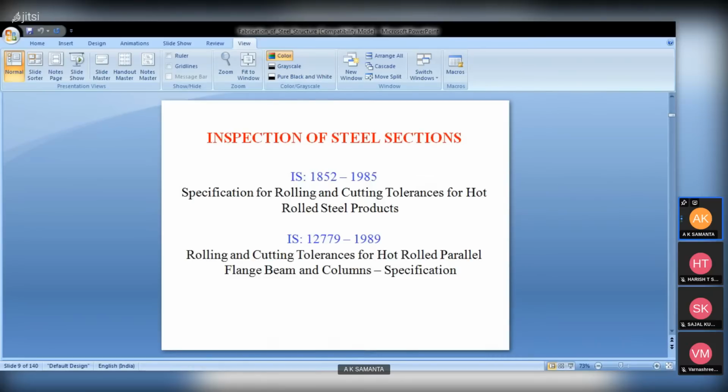But the tolerances of steel sections are given in IS 1852 1985. Now another code I am showing, 12779, is related to the wide flange beam. Initially it was included in IS 12778. Now in the recent revision, it has been included in IS 808. So in the visual inspection, we have to check the dimensions.